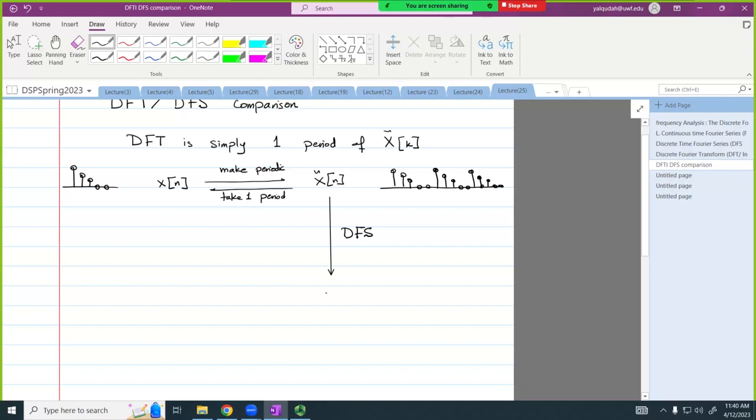What is the discrete Fourier series going to give me? Going to give me X tilde of k, a spectrum that is periodic. So this is what we already know. Now we introduce the discrete Fourier transform.